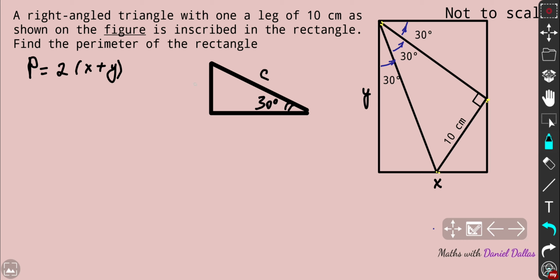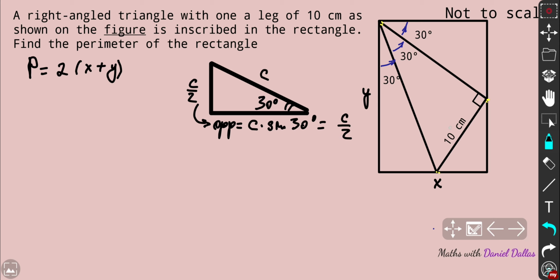The opposite side is simply c over 2. Why? Just remember trigonometry: if you multiply the hypotenuse by sine of 30, you arrive at the opposite side, by definition. And because sine of 30 is 1 over 2, you'll get c times 1 over 2, c over 2. So we are going to use this property right here.